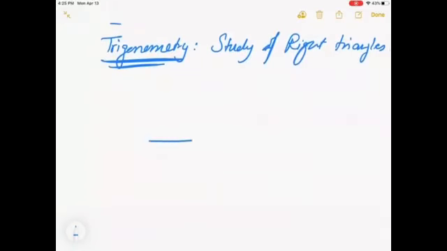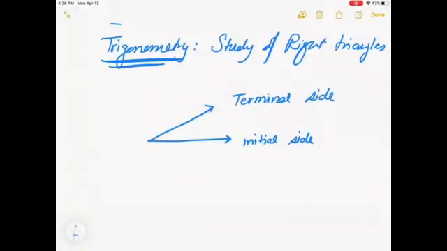Normally whenever there's an angle, first, the base side is called the initial side, and the side that goes around the center point is called the terminal side. Okay, if this terminal side goes counterclockwise, which is this way, then this makes a positive angle. So this angle would be a positive angle.